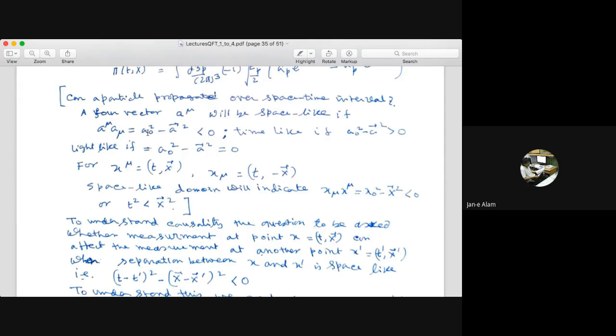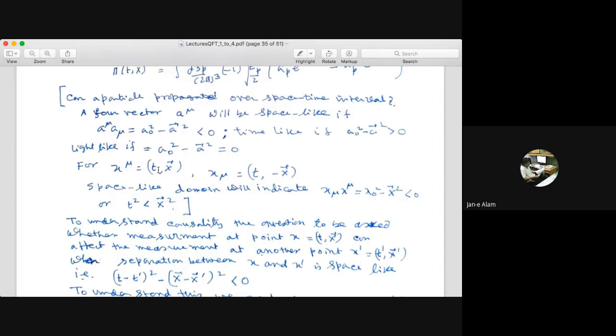So if I take a product, it will be A0 square minus the 3-vector A square. If this magnitude is less than 0, then we call it a space-like separation. So if A0 square is less than the vector A square, that is a space-like separation. A separation will be called time-like if A0 square is greater than A square, and it will be called light-like if A0 square is equal to A square.